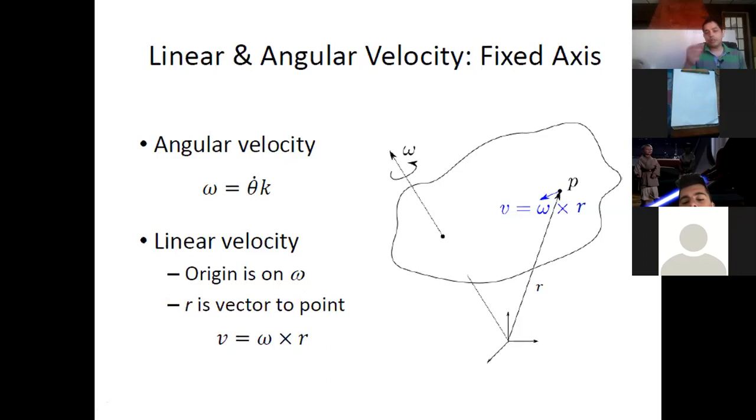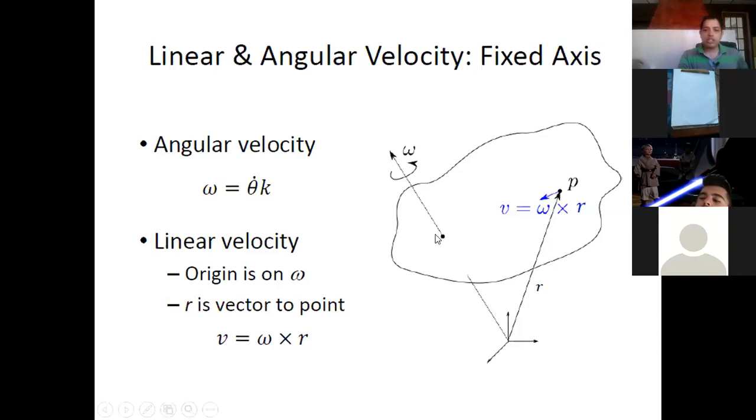If you consider something moving in a circle and you somehow release something at some point in the circle, then it will go tangentially, right? So that's why there is also an associated linear velocity. At point P there is linear velocity.